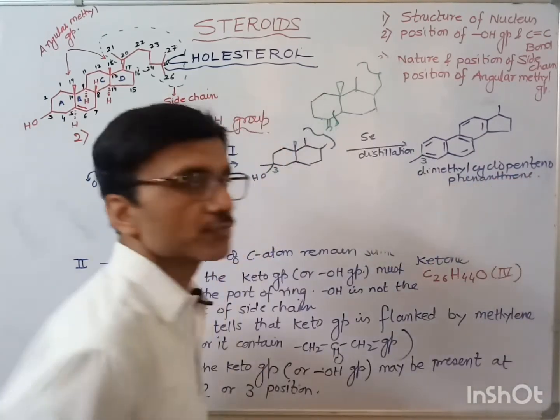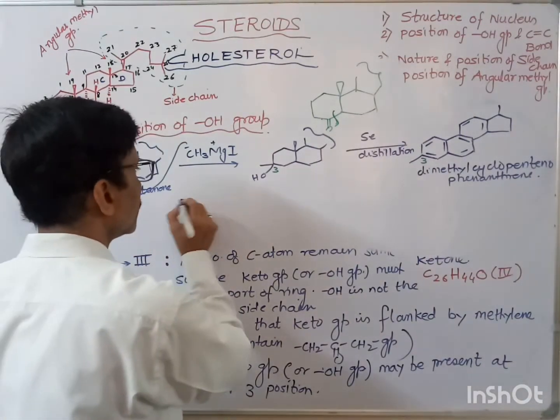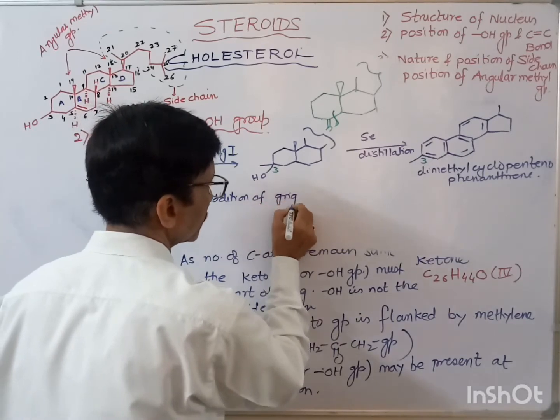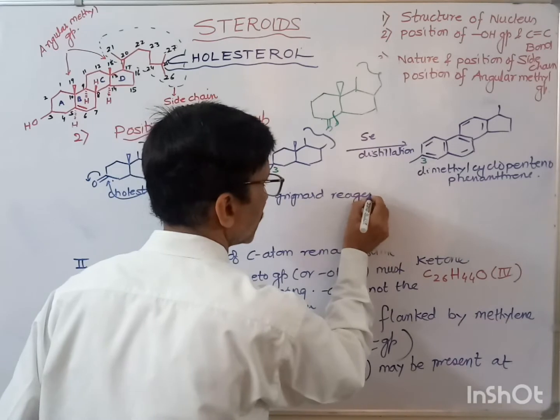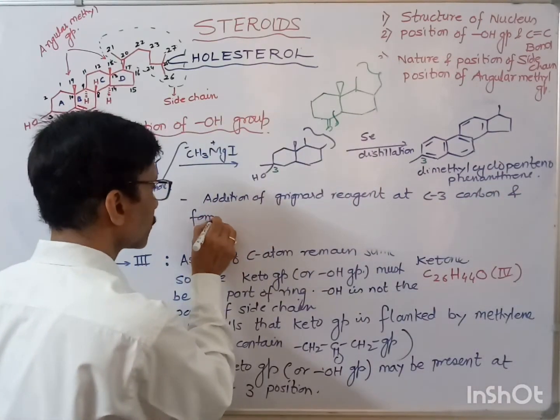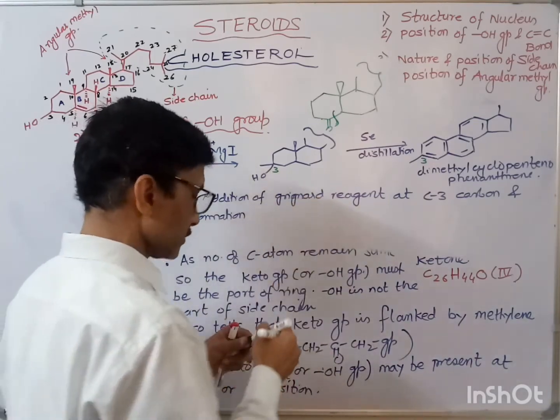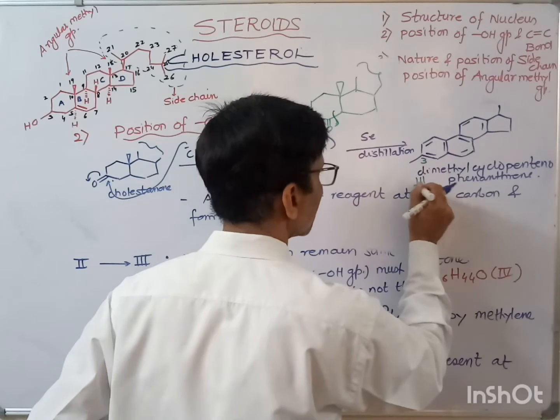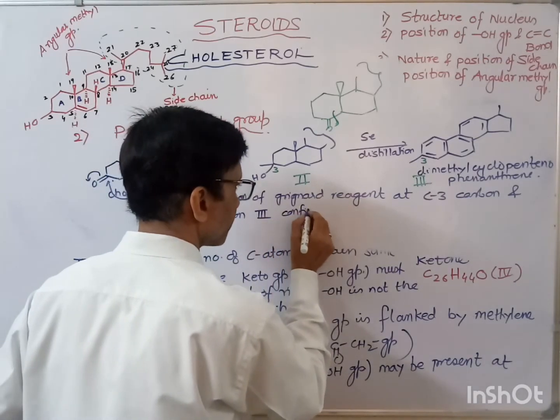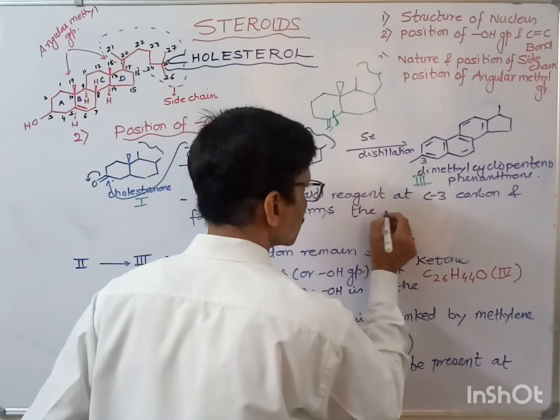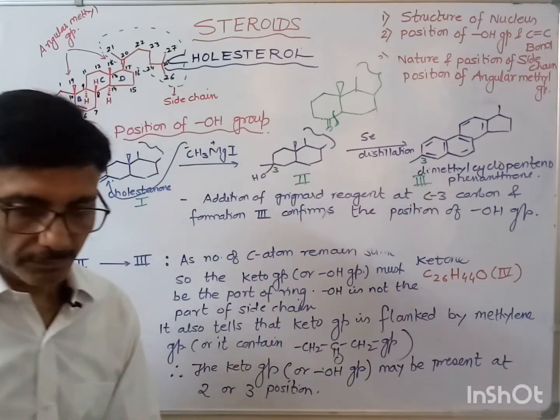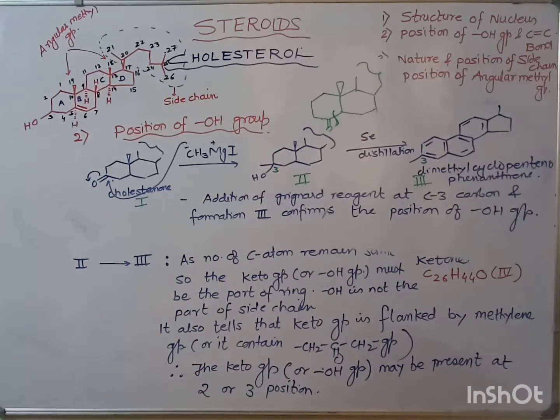So we can write: the addition of Grignard reagent at the C3 carbon, and formation of the second, third, confirms the position of the OH group as 3. So this is about the position of the OH group.